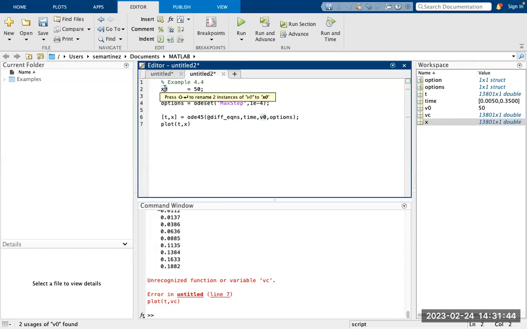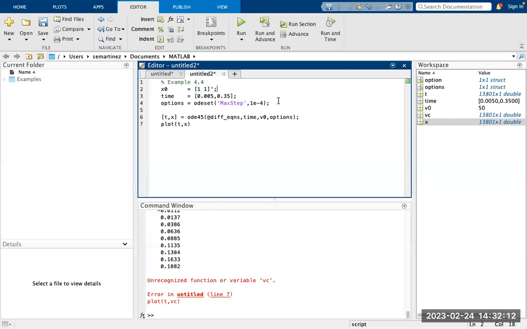To avoid confusion, our initial condition is going to be x0, and it is going to be 1 and 1. So this is a column vector, right? It's a column vector.